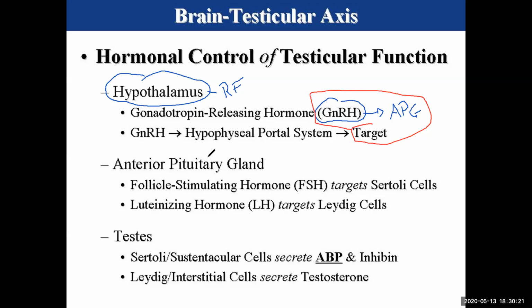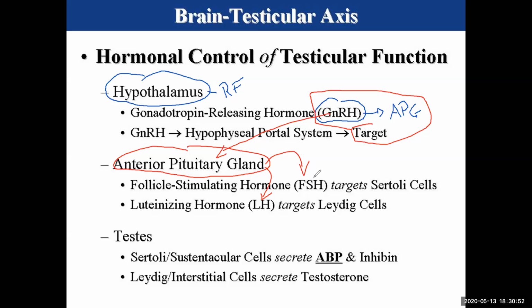So anterior pituitary gland here, GnRH induces the anterior pituitary gland to release two anterior pituitary hormones. One, FSH, two, LH, follicle stimulating hormone and luteinizing hormone. Now, FSH will use the bloodstream.